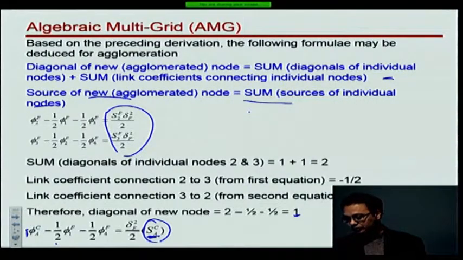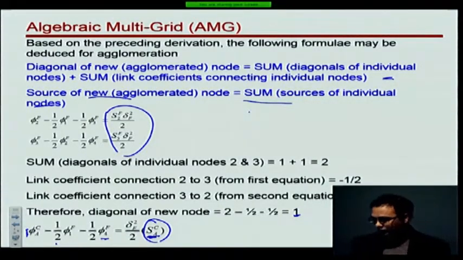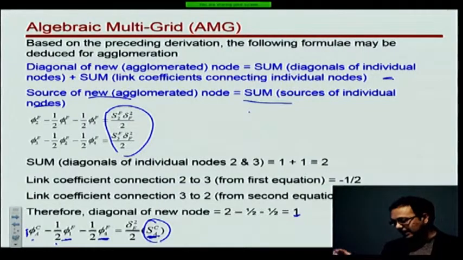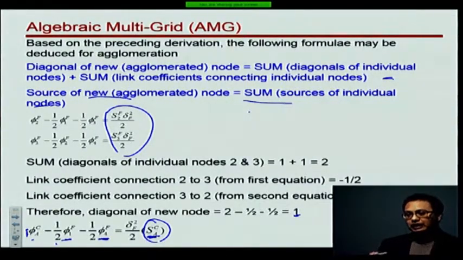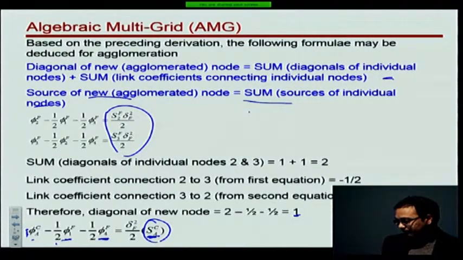You will basically have another node which you can call, let's say, B. So you will have node 1 to the left of A, and then you will have node B to the right of A. And so this equation will also get modified. So agglomeration not only changes the equation for that particular node which you agglomerated, it may also change the equations for the neighboring nodes. So it's a little bit complex in that sense.